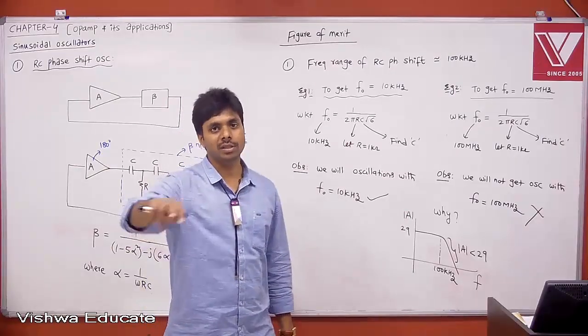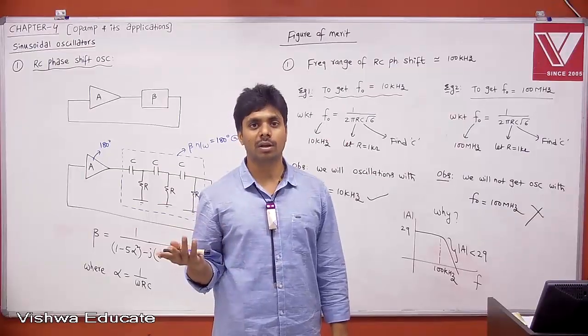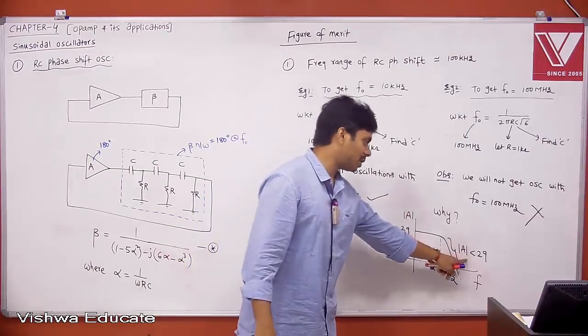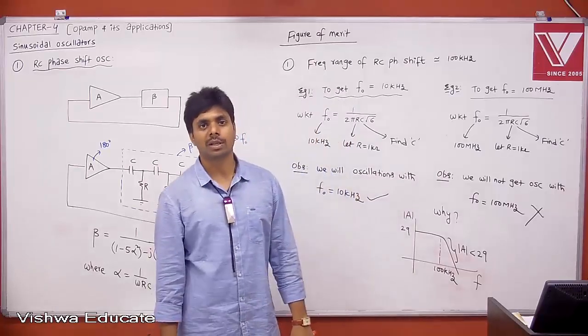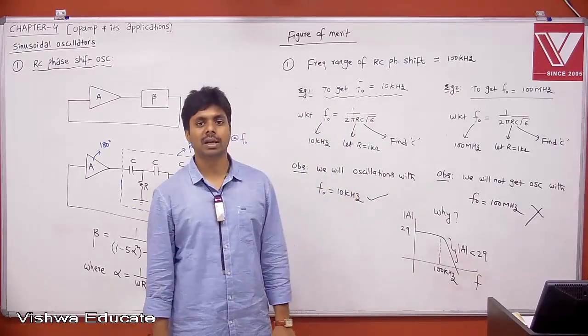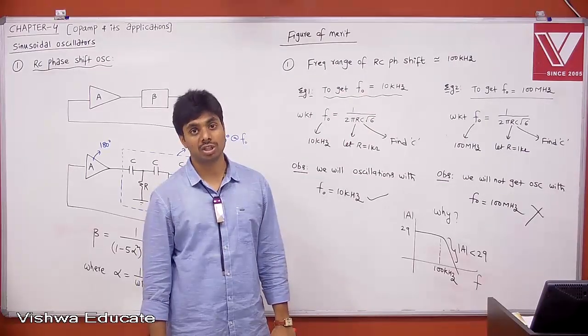Your total loop phase shift of 0 degrees is satisfied, but those oscillations at F naught will die out because mod A beta will be less than 1, since beta is always 1 by 29 at F naught. Then we will see under-damped oscillations.